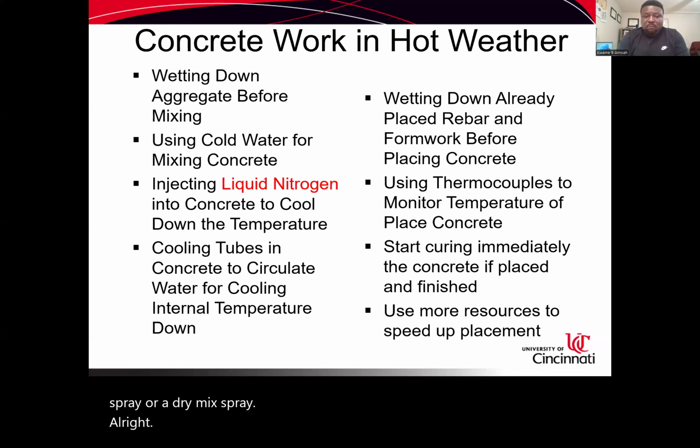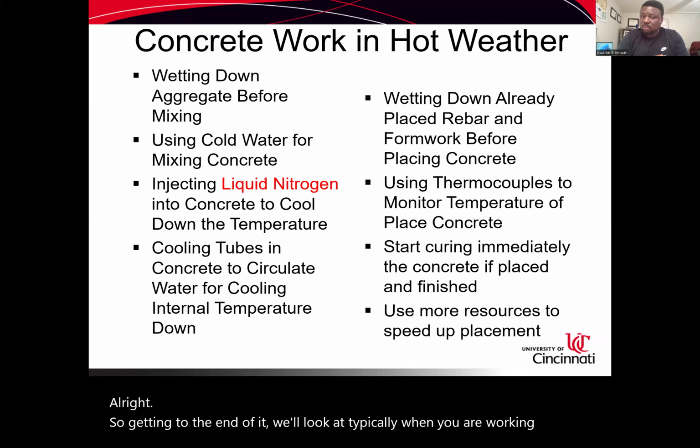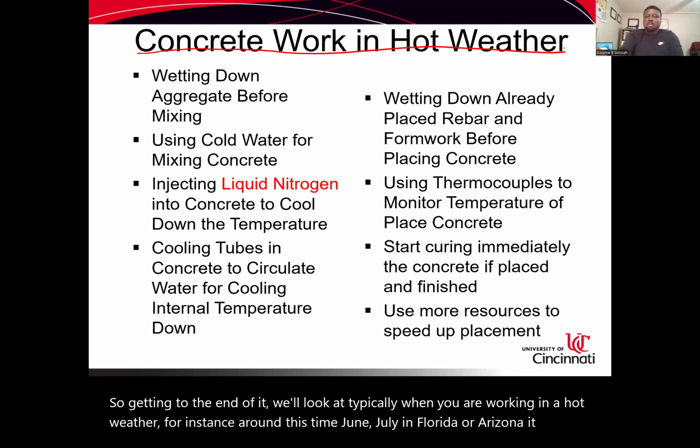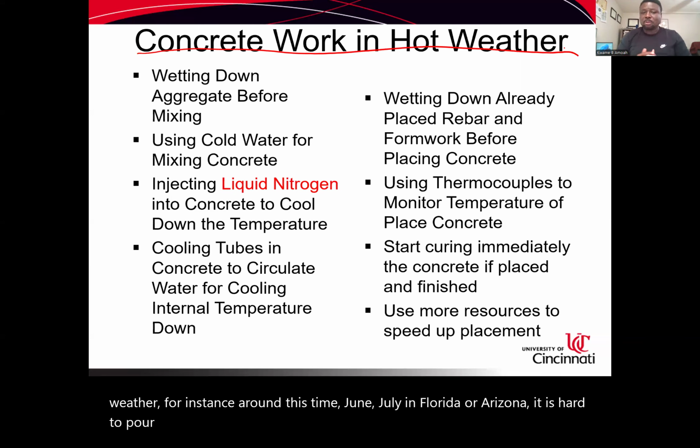So getting to the end of it, we'll look at when you are working in hot weather, for instance around this time, June, July in Florida or Arizona. It is hard to pour concrete. What do you do so that you don't get your concrete over-hardened and bringing those cracks that you may not need in the project?